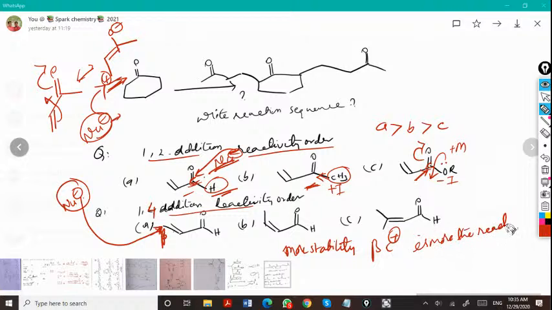So be very careful with 1,4 addition. You need to see the exact rearrangement pattern and the exact reaction mechanism. Once it turns into the carbocation, the reactivity starts, and the reaction is going to proceed. So you need to see the carbocation stability. Now which is the most reactive?